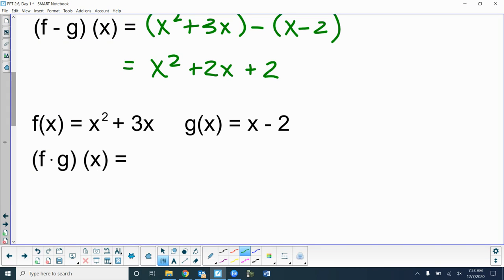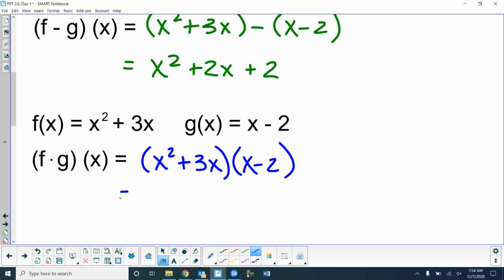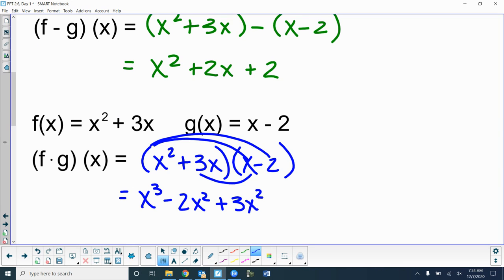Okay, so this time it's multiplication, so what do we call it when we multiply two binomials? We FOIL it, right? So first would be x cubed. Outside would be negative 2x squared. Inside would be positive 3x squared.